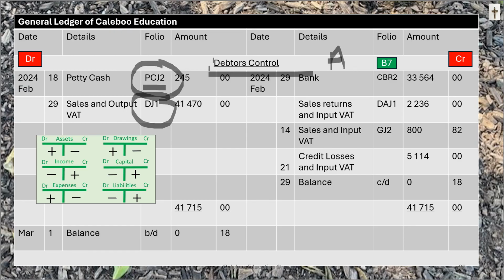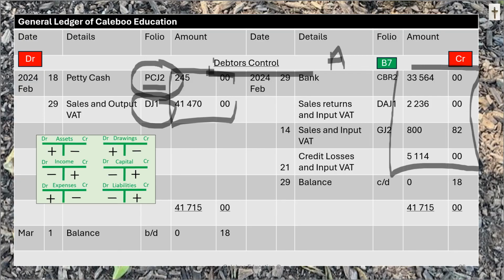Now, in order to balance this account, we add up the debit side and we add up the credit side. The difference between the two is 18 cents. Interesting. And the balance brought down on the debit side. We have debtors on our books to the value of 18 cents.